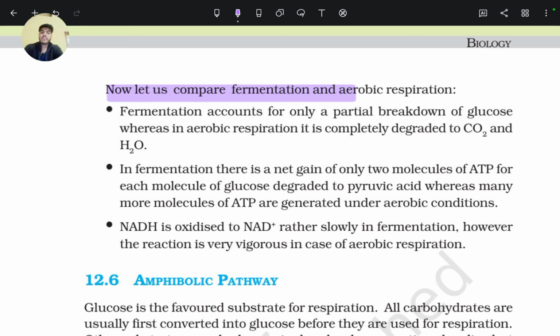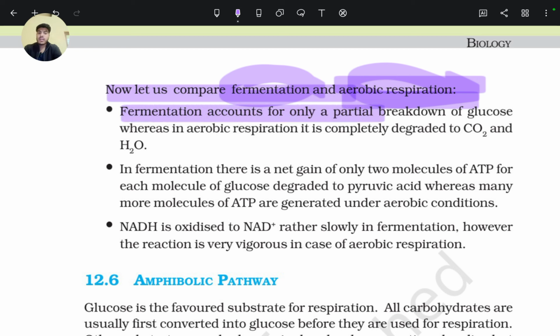Now let us compare fermentation and aerobic respiration. As we know, fermentation is an anaerobic process of extracting energy. Fermentation accounts for only a partial breakdown of glucose by the glycolysis process only. And after glycolysis, fermentation occurs, of which there are two types: alcoholic fermentation or lactic acid fermentation.